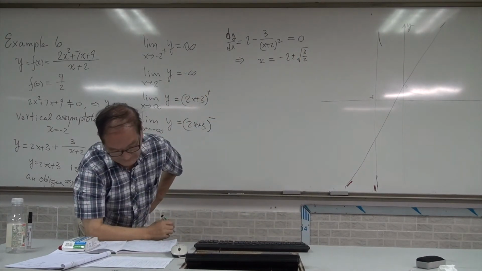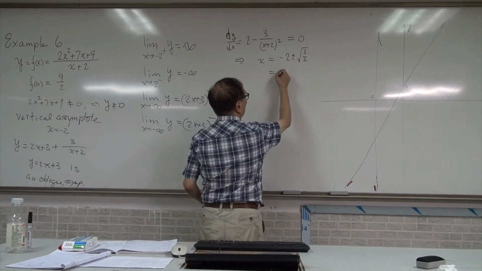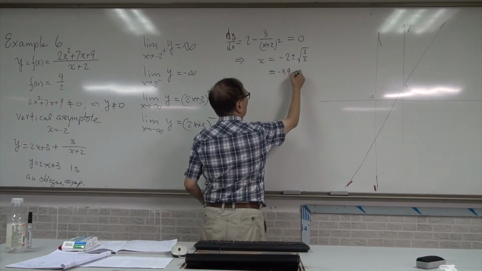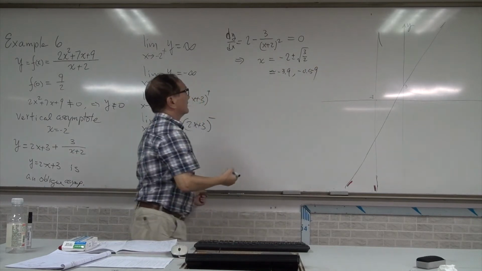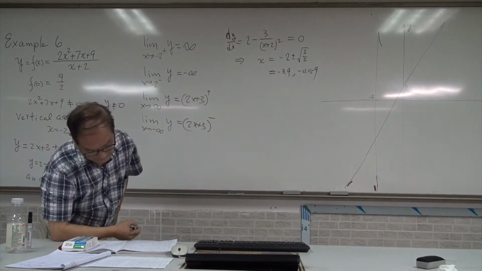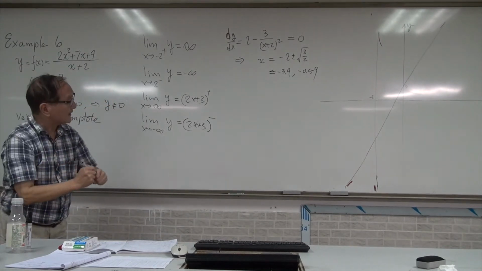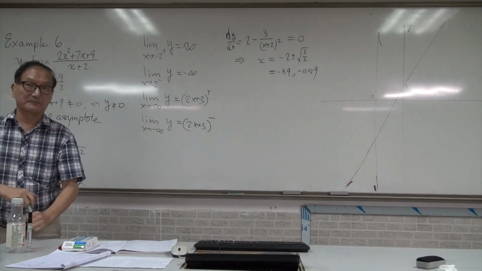Okay. By changing this to decimal, approximately minus 3.9 and minus 0.5. All right, do you understand? So I know that these 2 points may be maximum, may be minimum.